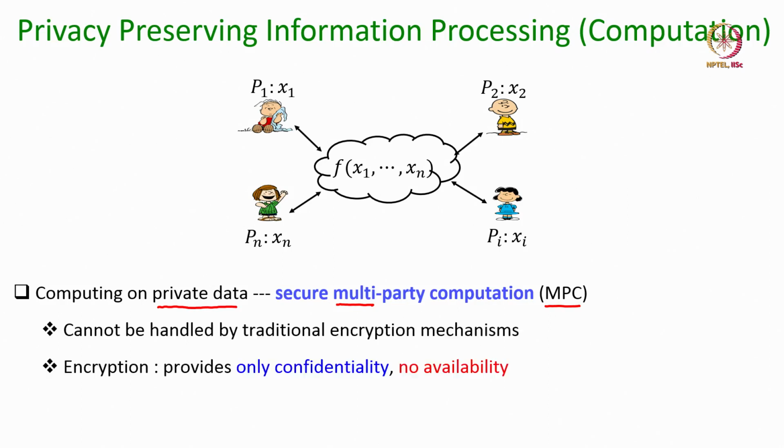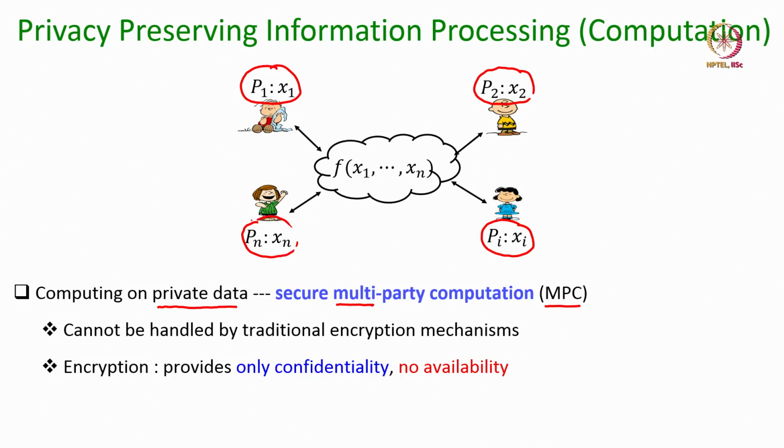If you are wondering whether we can solve this problem by letting each entity encrypt its data xi, so P1 can encrypt its data x1 and make it available to everyone, P2 similarly, Pi encrypts its data xi and makes it available to everyone, and Pn encrypts its data and makes it available to everyone.